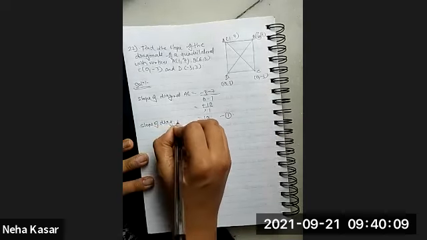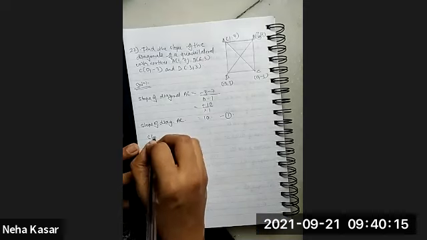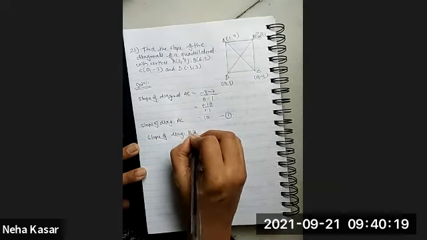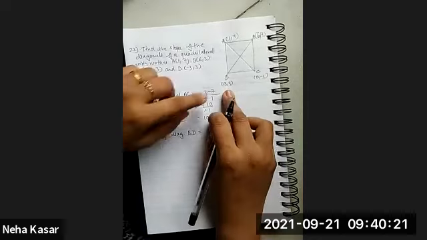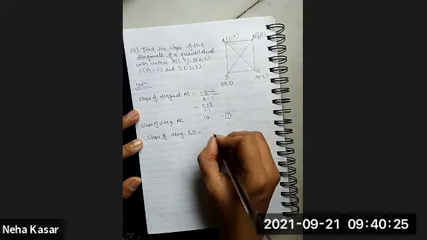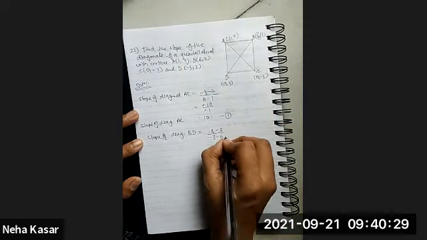Now we are going to find out the slope of diagonal BD. So BD will be 3 minus 3 upon minus 3 minus 6.